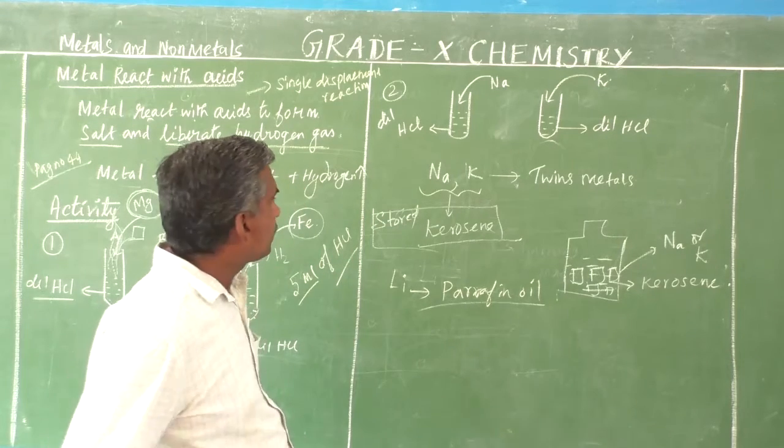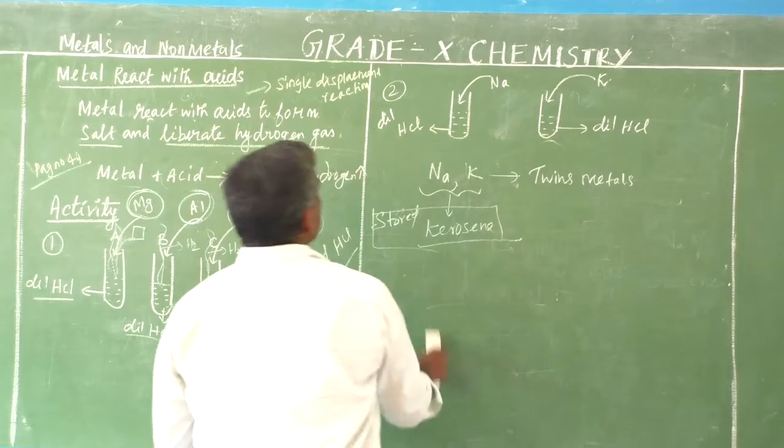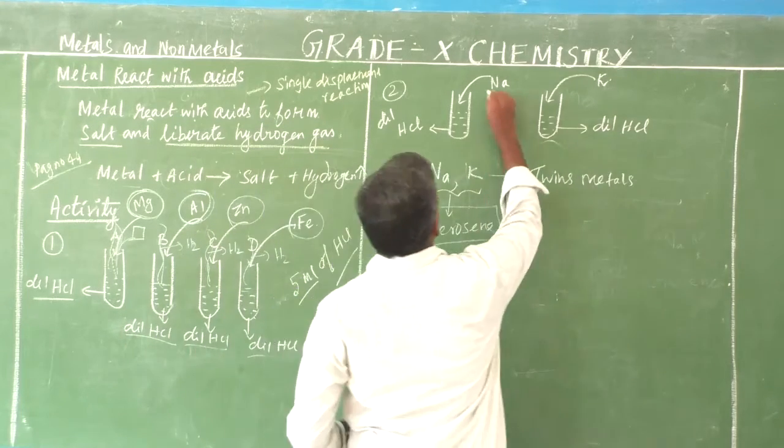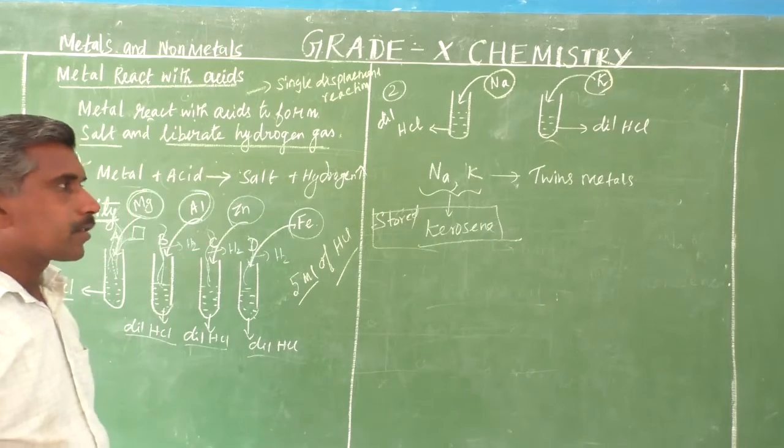Now what happens when sodium metal, a highly reactive metal, is added to dilute hydrochloric acid? Sodium and potassium are highly reactive metals.